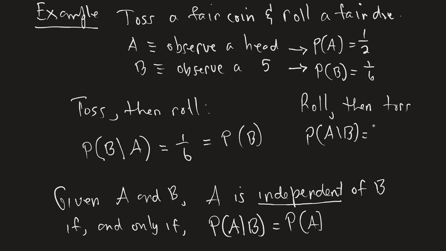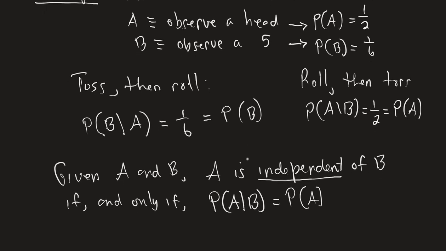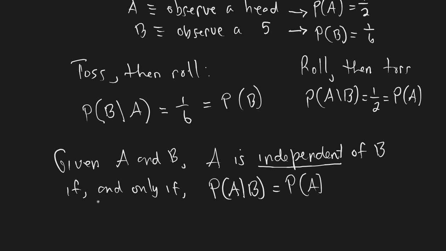Well, it's still 1/2, and that's still the probability of A. So what this tells me is that if A is independent of B, then B is independent of A. So if this is true, this is true. That's a nice little observation to note, right? So essentially we can be a little bit more precise in saying this. So I'll just make this a note.